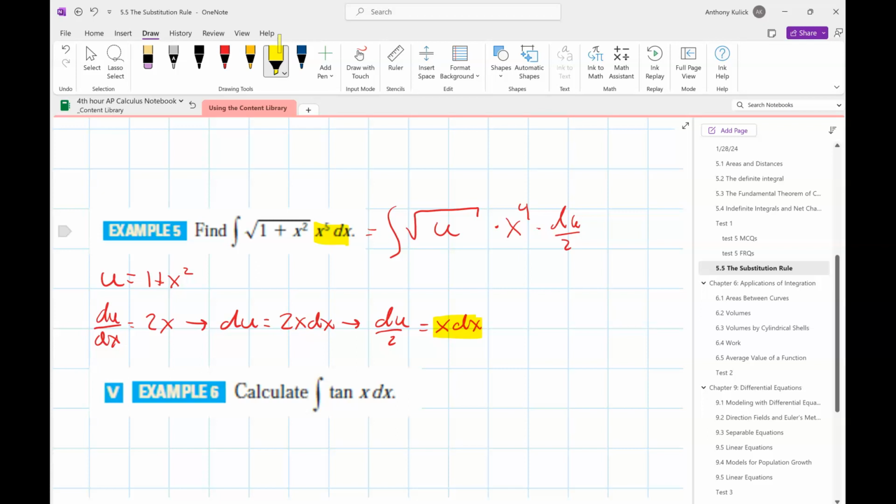So we do have a problem here, right? What's the problem? We still have an x to the 4th. We have 2 different variables, right? Somehow we have to rewrite that x to the 4th in terms of u. This is going to be my trick. So I'm going to subtract 1 from both sides.